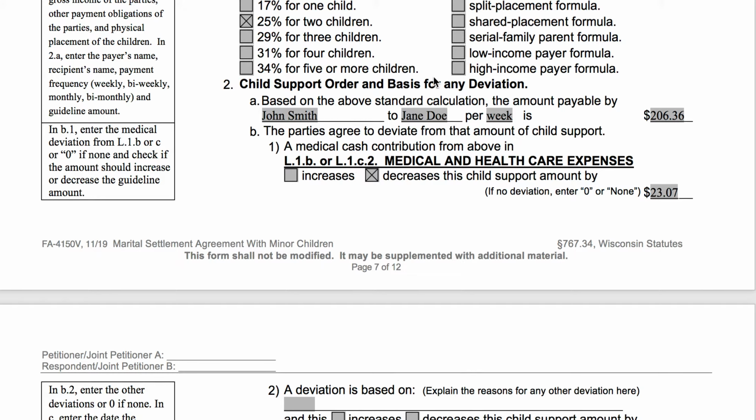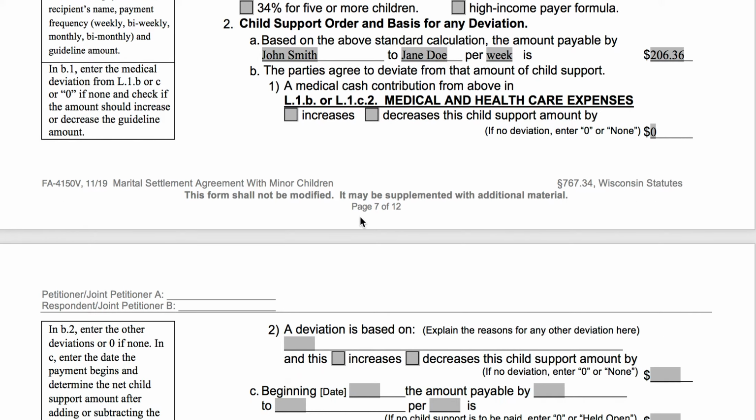Or if Jane were paying for the insurance and John needed to pay a little more in child support as a contribution towards that insurance, we could say it increases. So it's all based off our payer, whether it increases or decreases. But again, I find a lot of folks who are doing it jointly aren't doing that. So if you didn't say up above there'd be a cash contribution, you can just put 0 here.